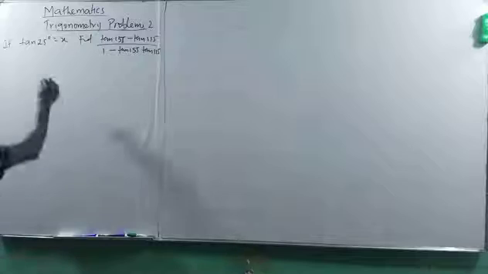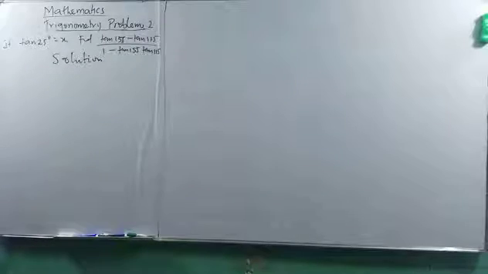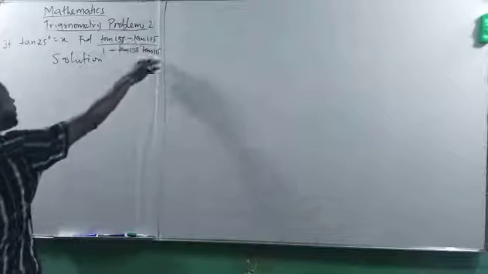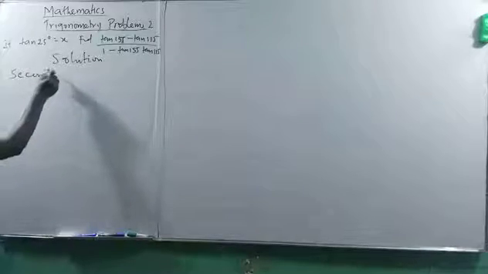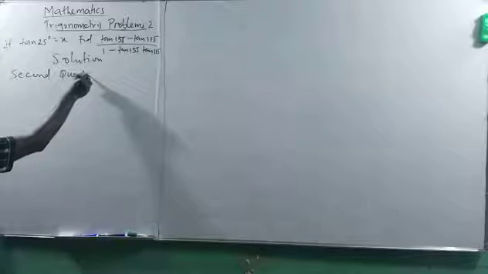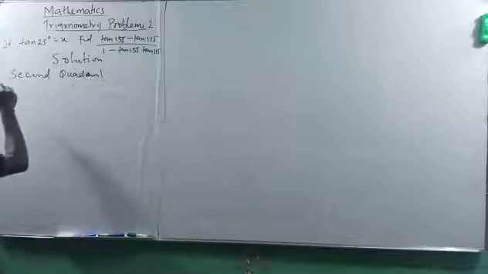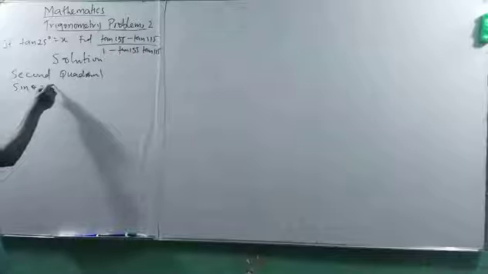The solution to this problem is a very nice question that you need to see. When I have something like this, you have to think of second quadrant, because both angles lie in the second quadrant. It means at second quadrant, we all know that sine theta equals what?